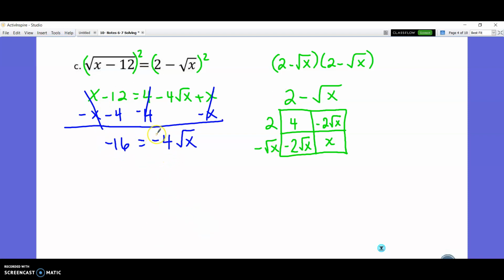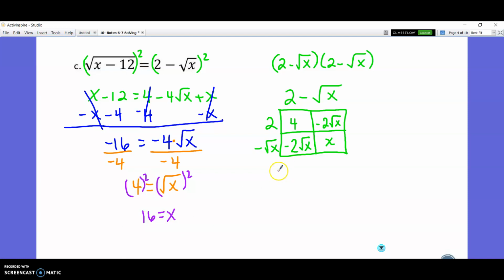Now I need to get rid of this negative 4. It's being multiplied, so the inverse of that would be to divide by negative 4. So square root of x would then equal positive 4. Now that we've isolated our radical, we'll go ahead and square it. So x is equal to 16.